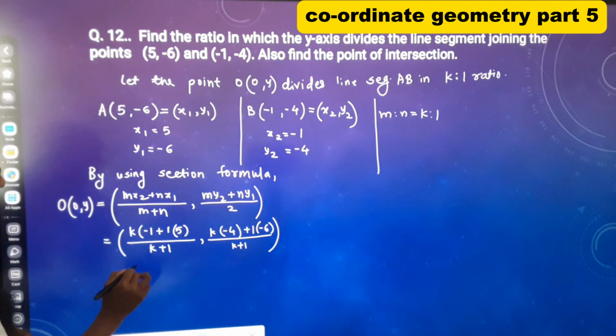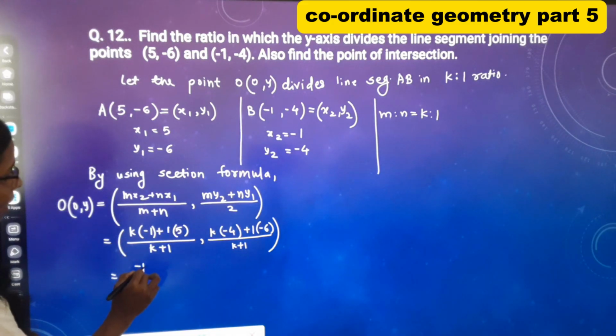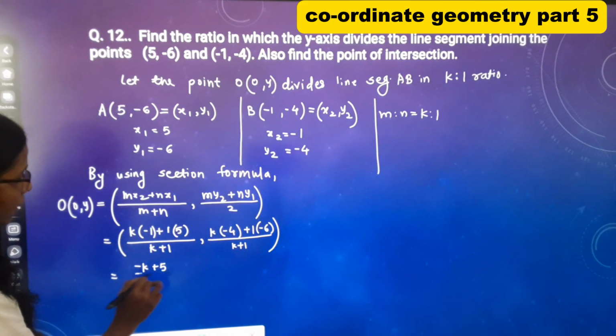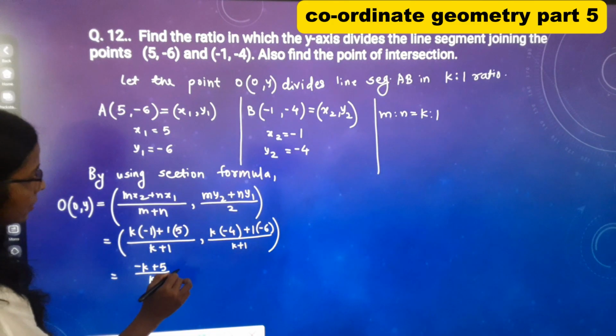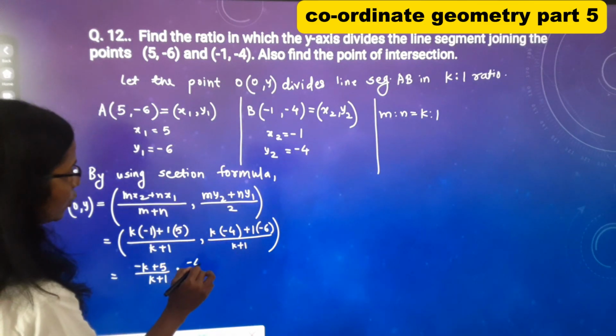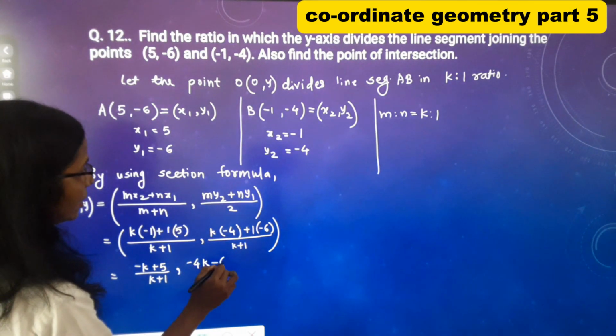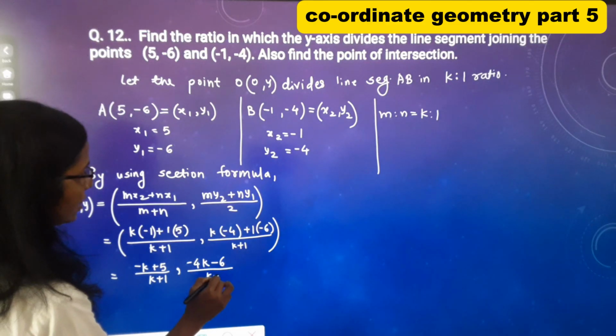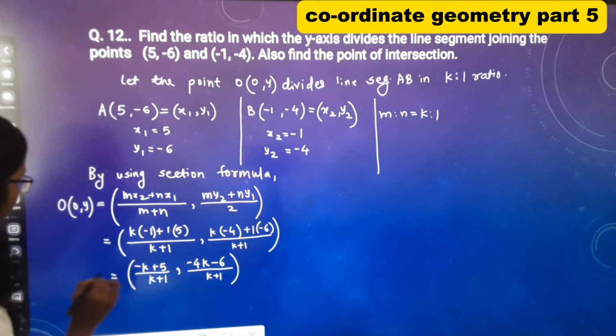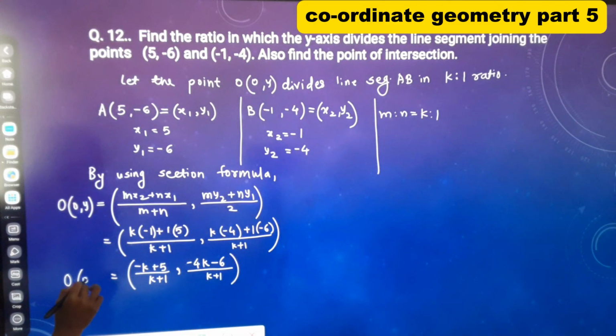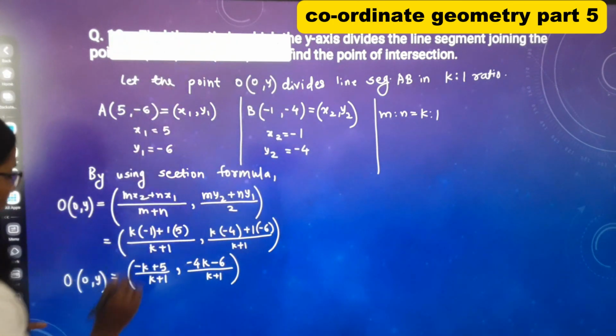So now here -k plus 5 upon k plus 1, and here -4k minus 6 upon k plus 1. Okay, O (0, y).